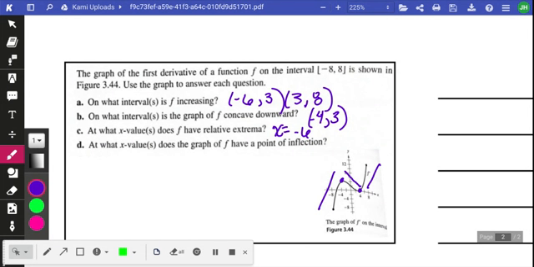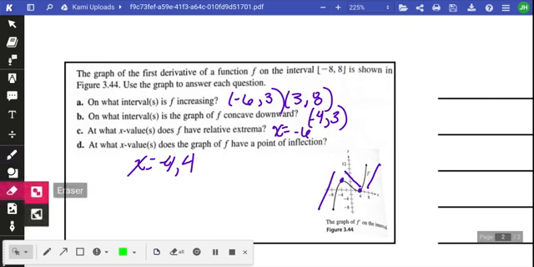So increasing and decreasing for your first derivative is your concavity. So we know we have points of inflection at x equals negative 4 and x equals 4. Does that seem right? Let me erase my dots. Oh, no, this one should be 3.